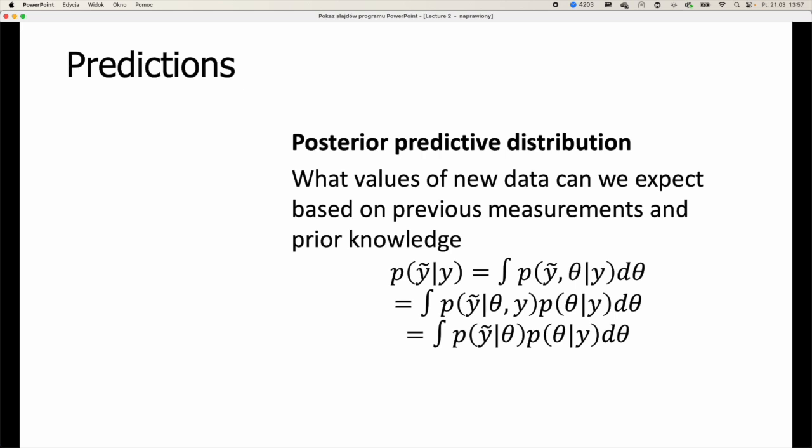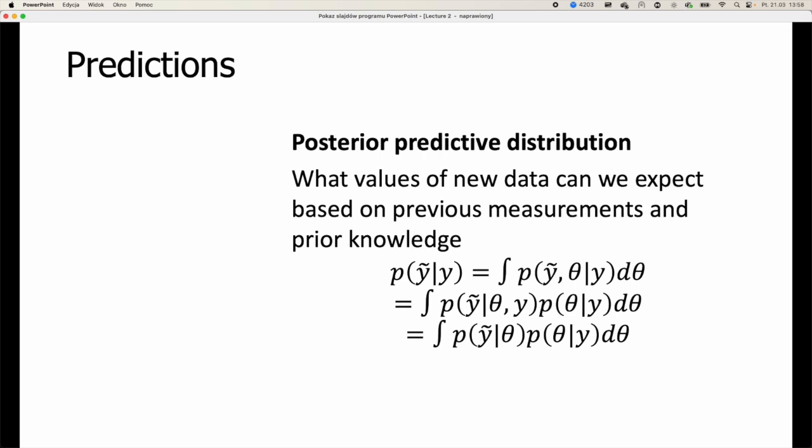And this is something that is generally called a generative model. Bayesian models are naturally generative. So they can generate new data given some data and some assumptions.